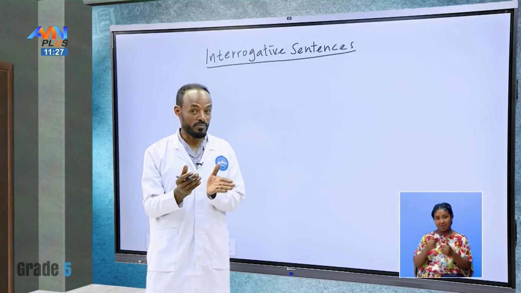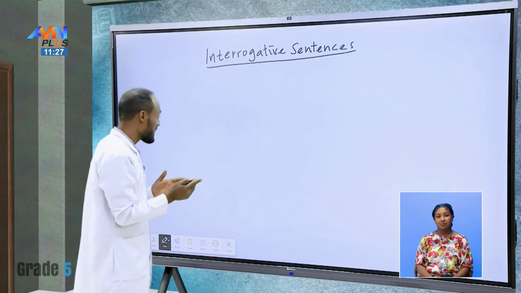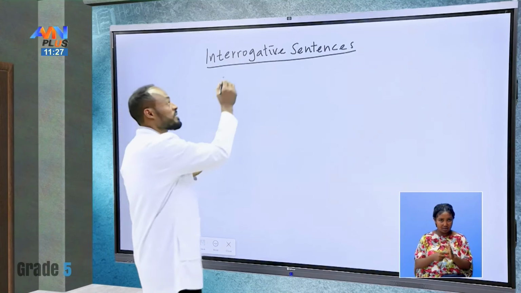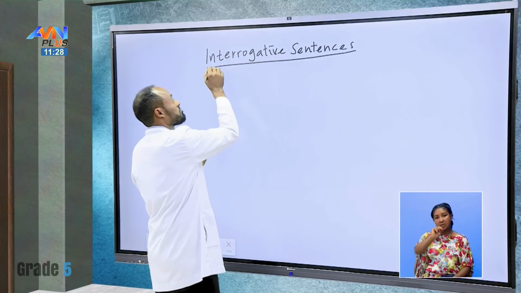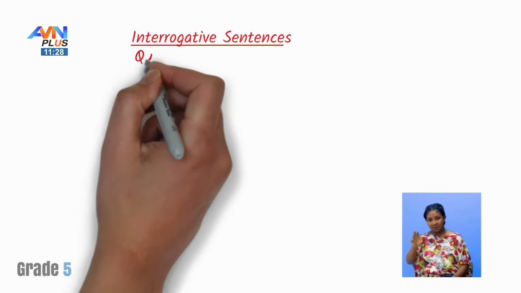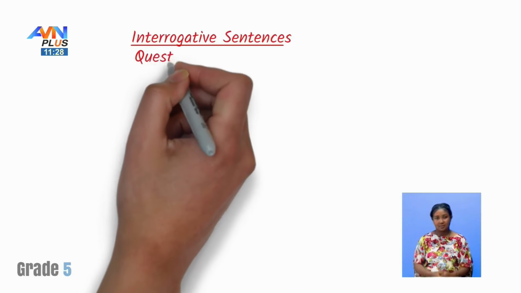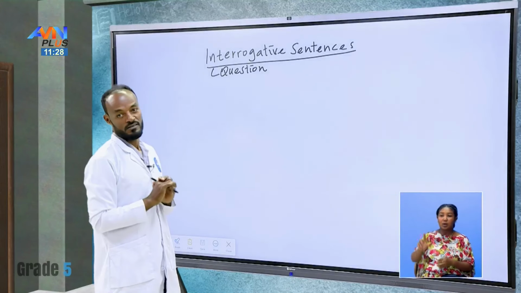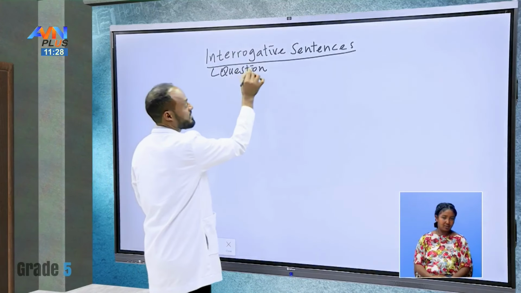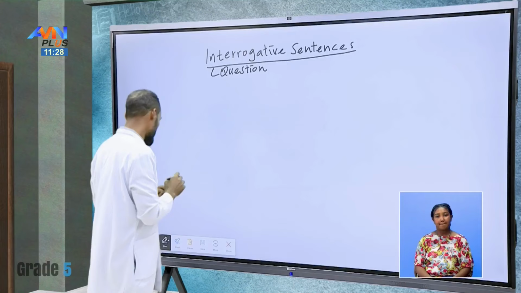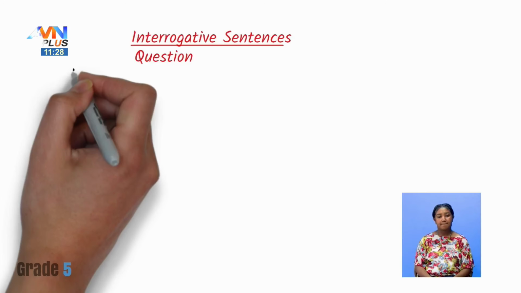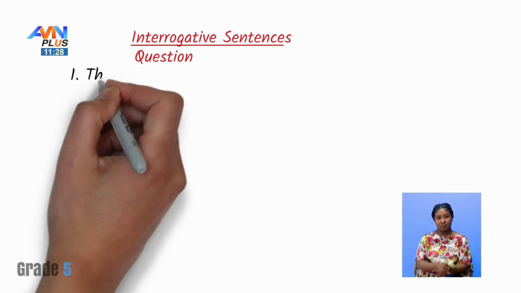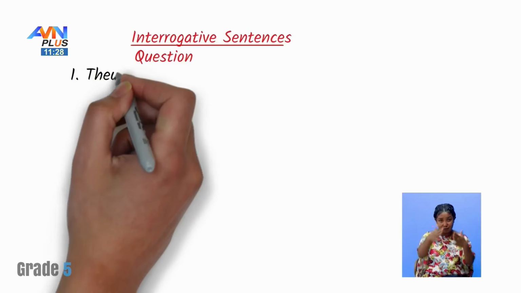When we say interrogative sentence, we mean that what? Question. This means question, okay? Don't worry, because at the end of this sentence there should be a question mark. Now I'm going to give you an activity, then after that, you will do yours.